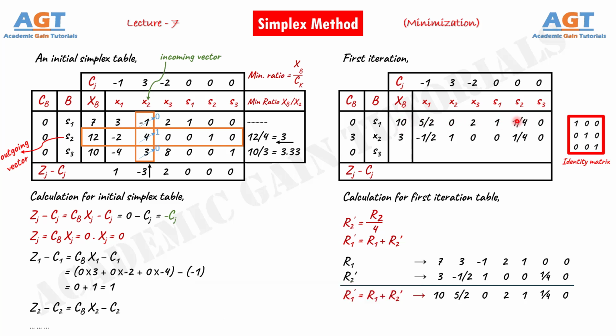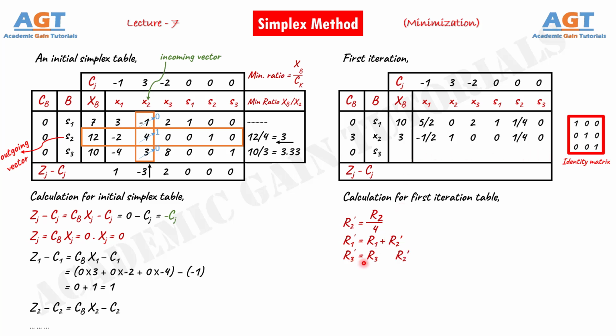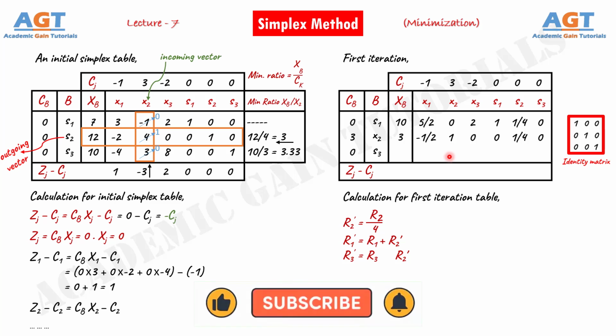Next, we have to find out R3-. For that we have written R3 and R2-. We have to make an operation between the old R3 row and the new R2- row to get the values for the R3- row in the new table. If we look at the R3 row of the previous table, here, this element 3 has to be converted to 0 in this position in the new table.